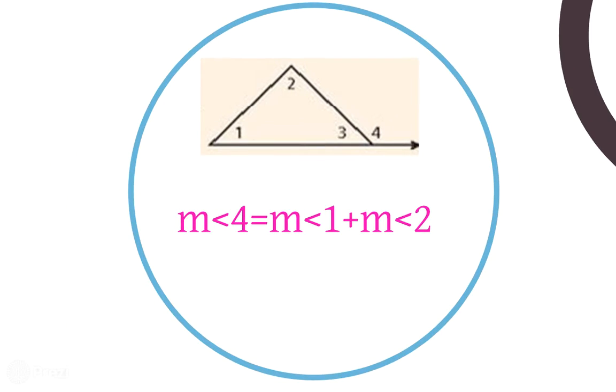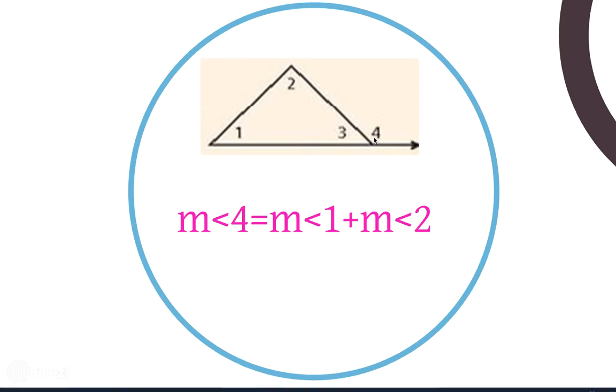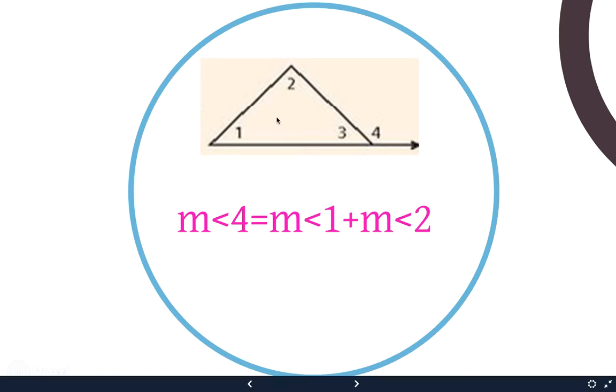Well, what that means is, say we have this exterior angle. If I add together the two angles that are not next to it, so the two remote interior angles, the two angles inside the triangle that are not next to the 4 are the 1 and the 2. So if I add all the angles in the triangle that are not right next to my exterior angle, it should equal the exterior angle, which is pretty cool.